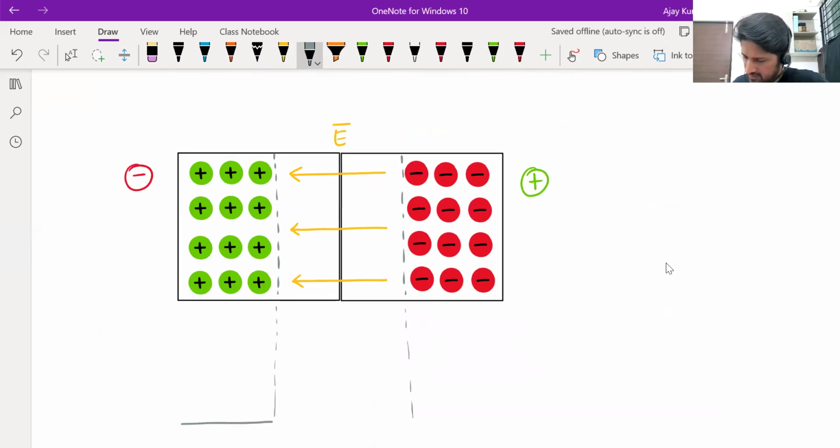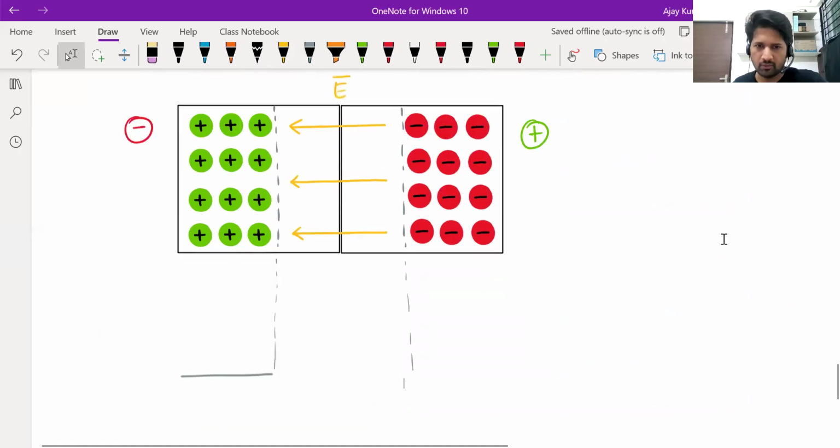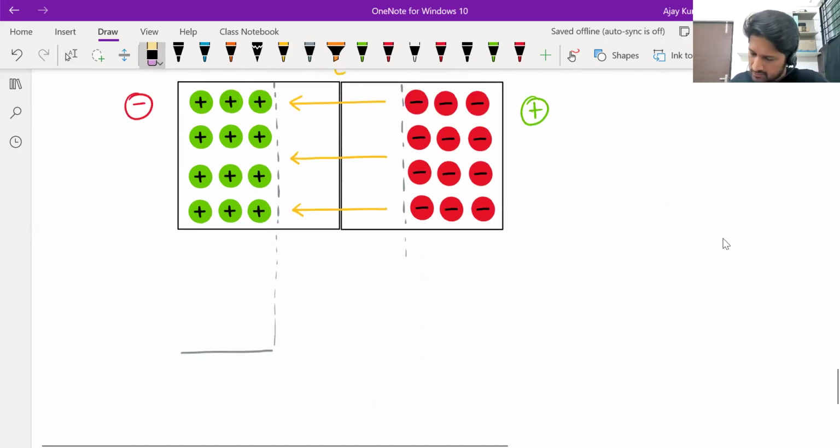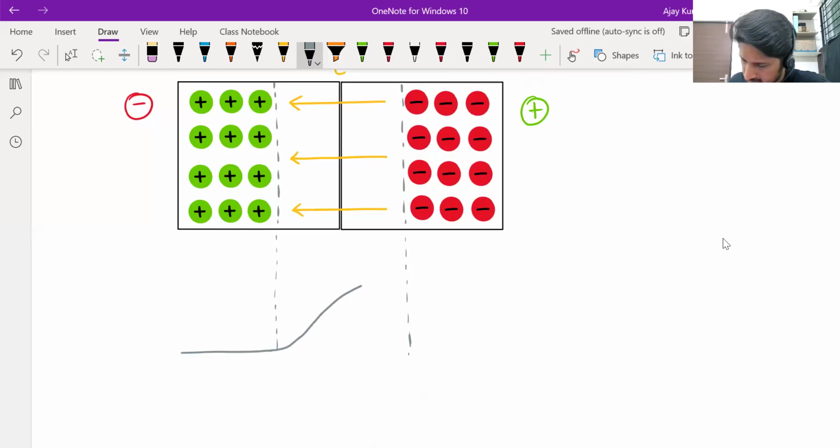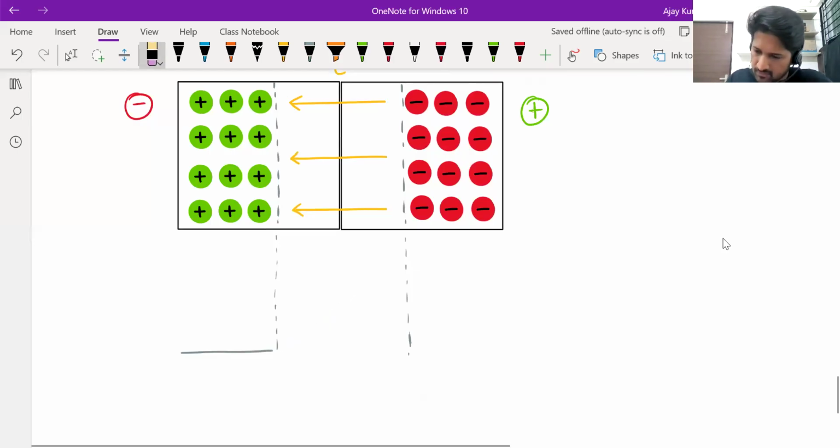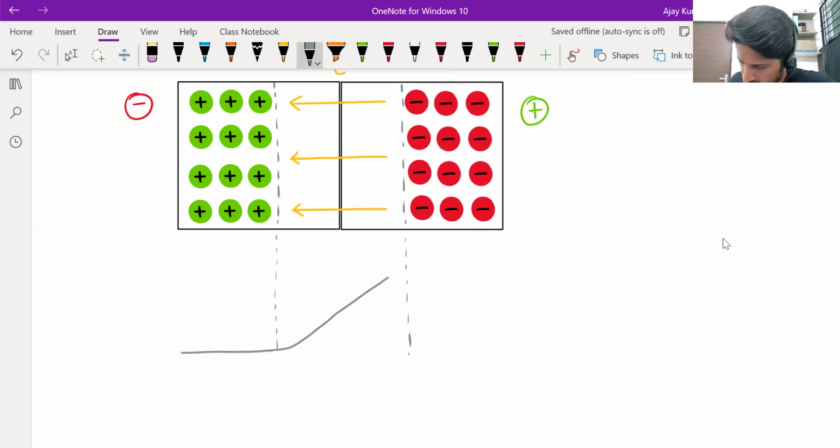When there is an electric field, there will be a variation in potential from point to point. So from the P side, when you move towards the N side, you will be going from a region of low potential to a region of high potential. Potential increases gradually, like this. And then you reach the N-side potential.